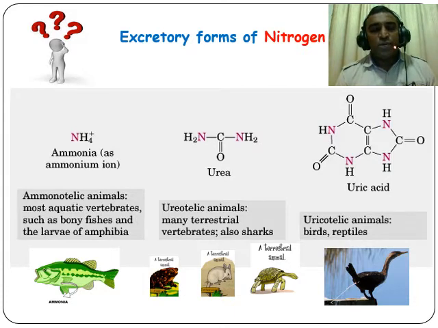Then you have aquatic animals such as fish, which do not have a reason to convert to urea or uric acid, because as soon as ammonia is produced, it can be immediately diffused away from their body into the surrounding water environment.